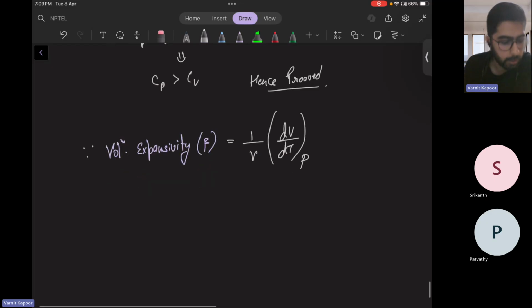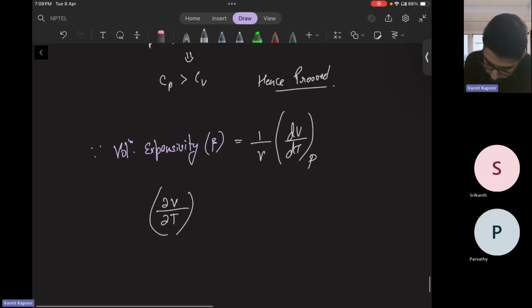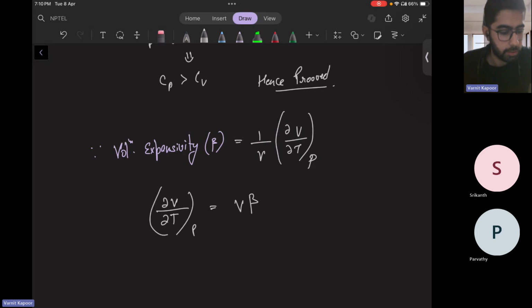So you can write ∂V by ∂T at constant pressure as V times beta. You got this value.